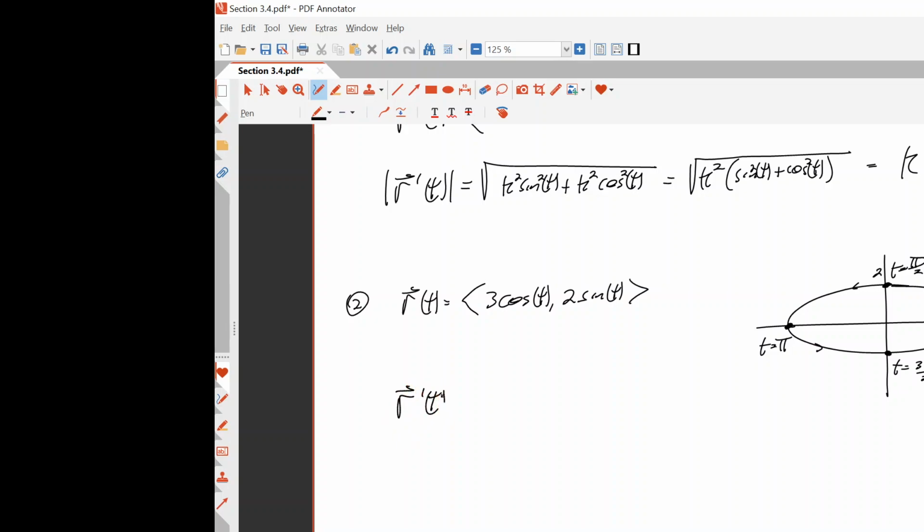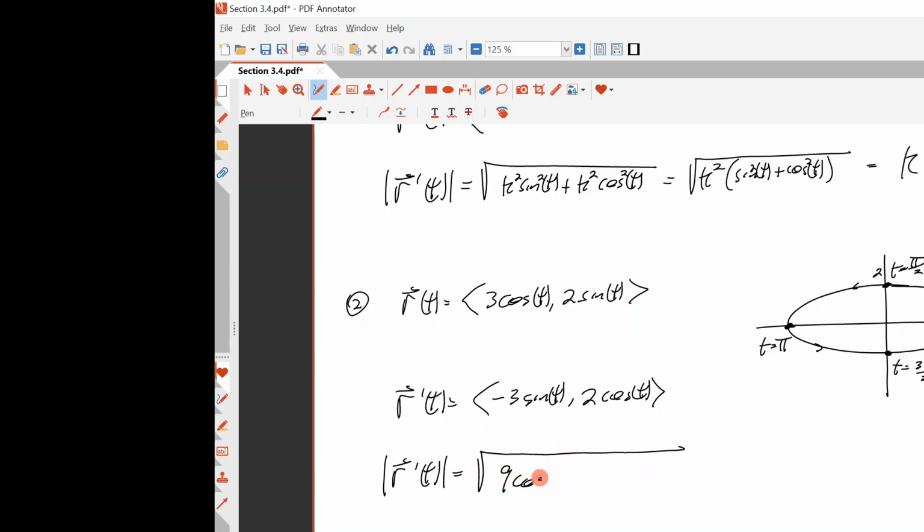Well, r prime of t is minus 3 sine t, 2 cosine t. So the speed is equal to the square root of 9 sine squared t plus 4 cosine squared t.